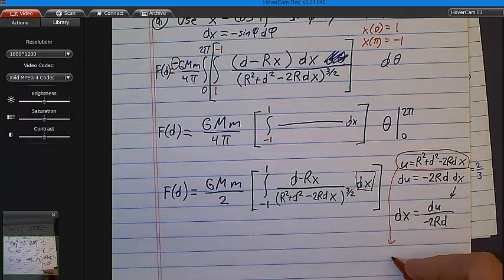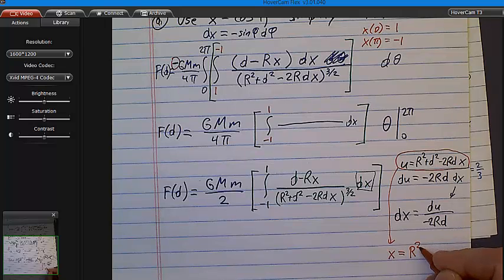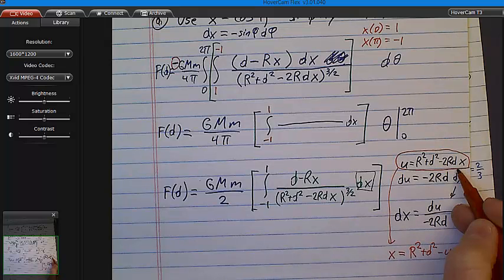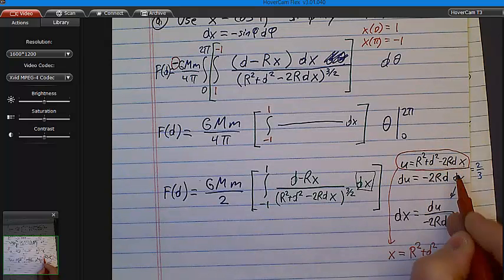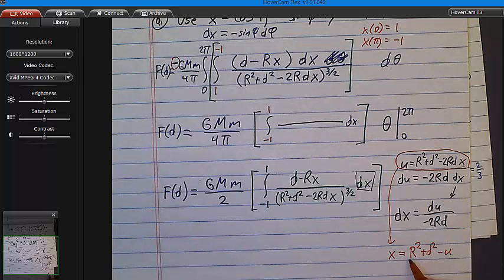Well, I guess you would have x is equal to r squared plus d squared minus u. Basically I would bring this term to the left, bring the u to the right. That's why it became minus u. And then I would have to divide everything by what? 2rd. So that's my hunch as to what the x is.